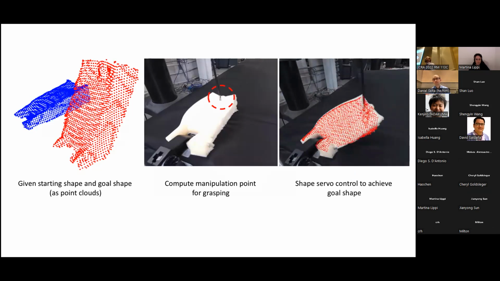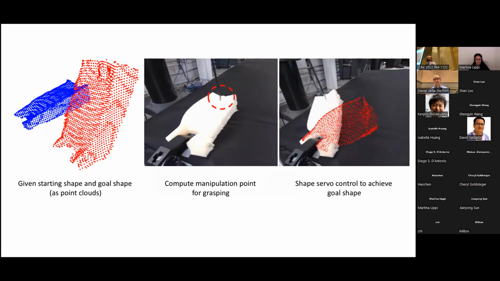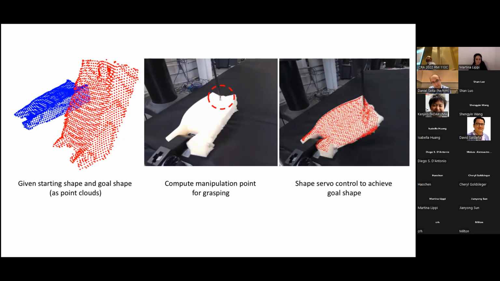We're going to take some goal in the form of a point cloud. We're going to figure out where on this object to grasp it with some robot-assisted surgery device. And then we're going to, in our work, take a shape servoing approach to kind of incrementally move our current state in a point cloud representation of the deformable object to that goal point cloud.